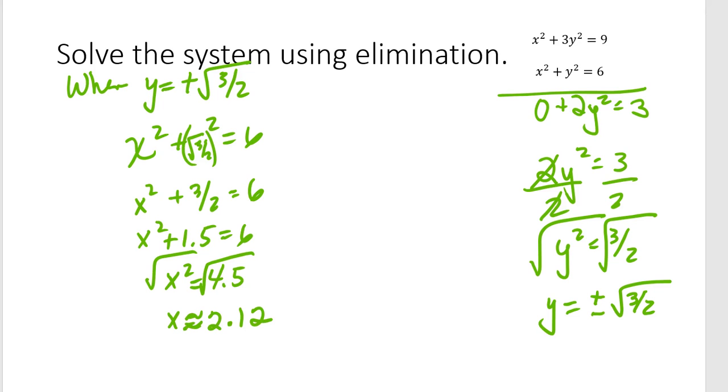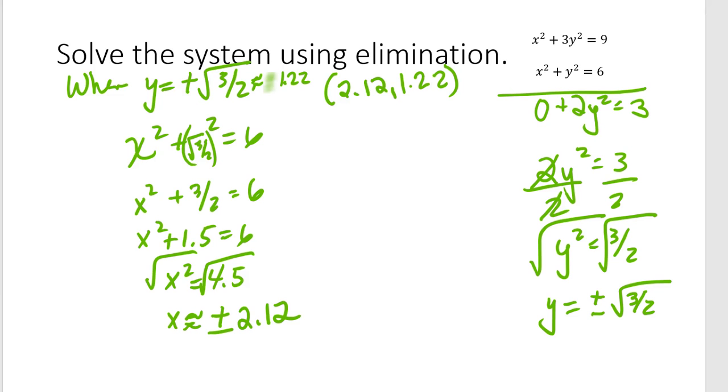Oh, and I almost fell in the trap myself. Remember, this is plus or minus the square root of 4.5, so it's going to be plus or minus that 2.12. That's the gotcha. So now I have two ordered pairs. I've made 2.12 and then the square root of 1.5, which is equal to 1.22 approximately.